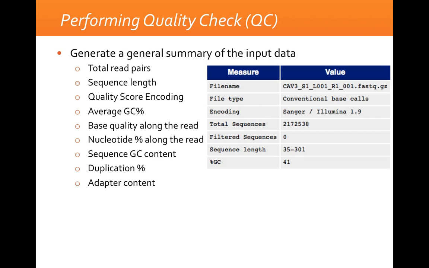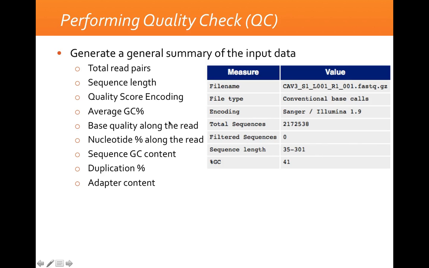When we perform quality control, we can generate a lot of information from the raw data. So normally you will get a general summary of your data, summarize how many sequences you're dealing with, the average GC content, the sequence length distribution, so from 35 to 301 here, and so on.